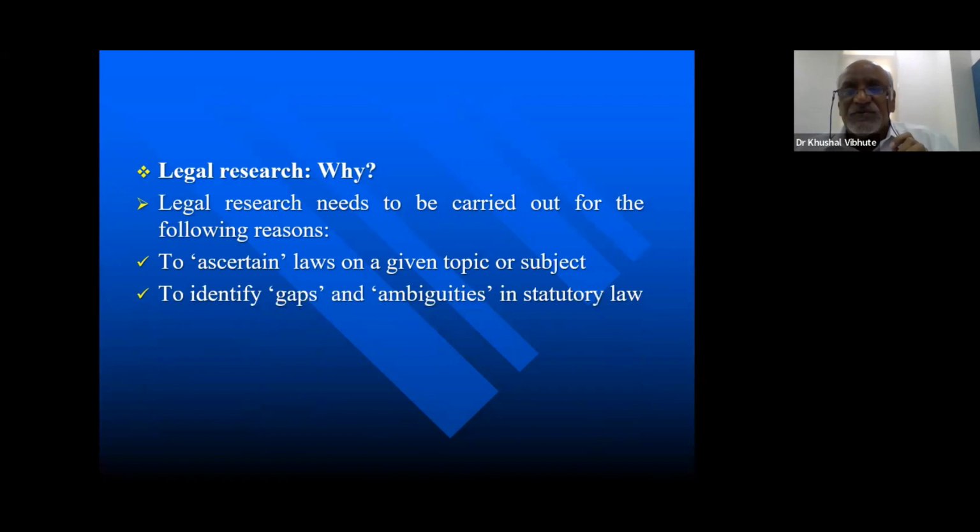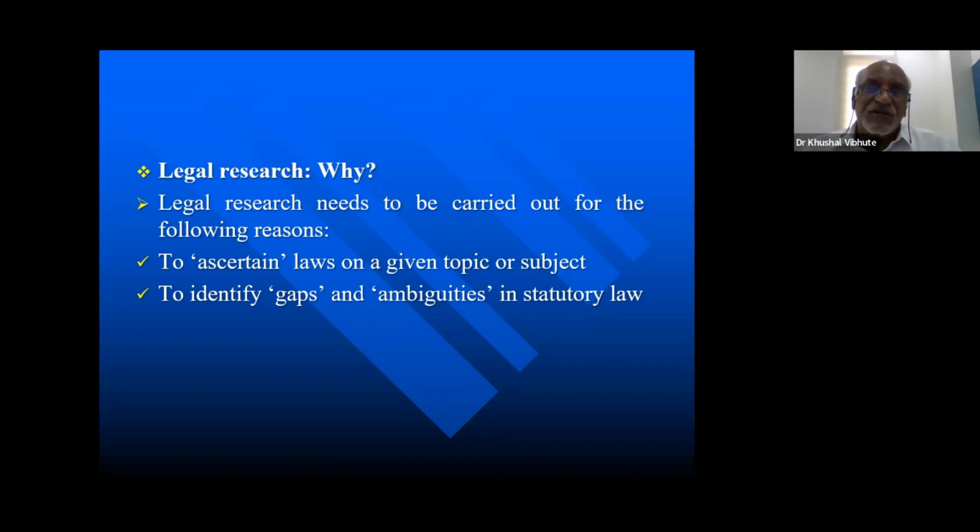The other reason for which legal research can be undertaken, and thereby contribute to the development of the science of law, is to highlight the gaps and ambiguities in statutory law. Sometimes, as I said, the drafters of the legislation may intentionally or unintentionally keep some gaps, some loopholes, some contradictions.